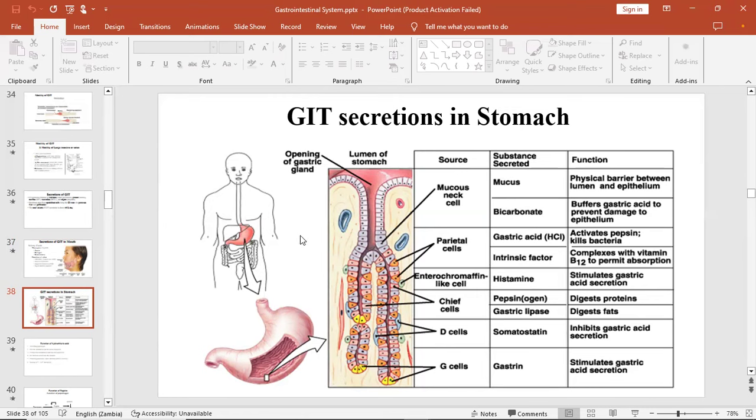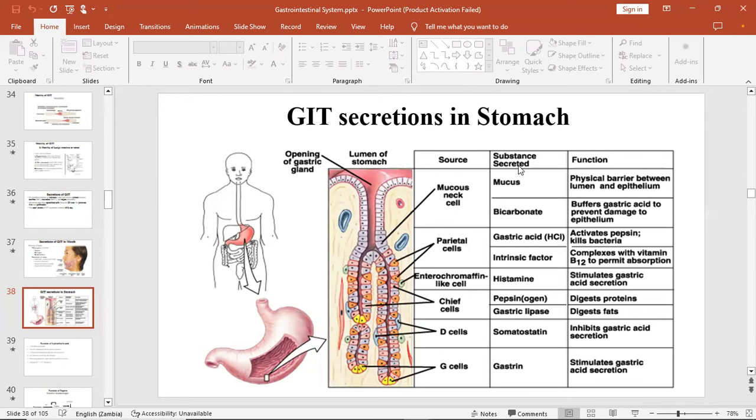In the stomach, there are what we call gastric pits. This is what we have zoomed in on: the opening of the gastric gland or gastric pit. So the lumen of the stomach is up there, and this is the gastric gland. In this gland, there are different types of chemicals that are going to be produced. What you are seeing here is source, substance secreted, and function. So there's the mucous neck cell that is able to produce what we call mucus and bicarbonate.